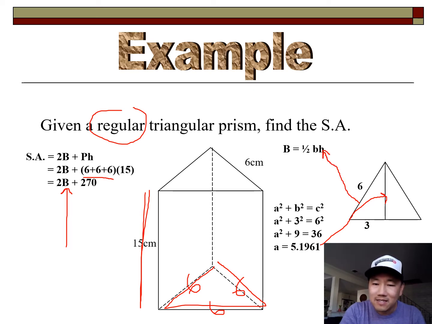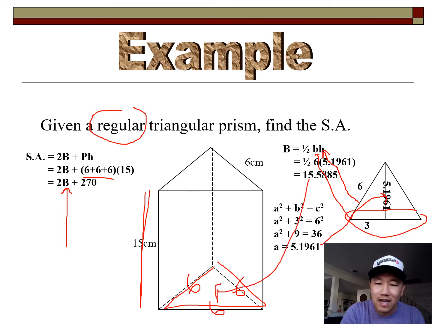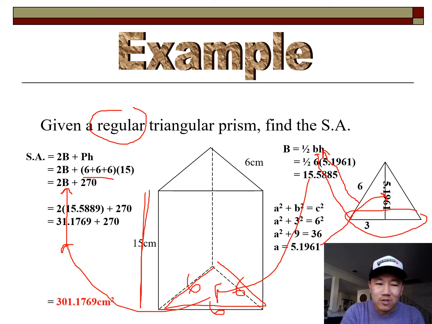The base is the 6, it goes in here. And so we have the area of the base, which all goes into here. Multiply it times 2, add it to the 270, and there's our final answer.